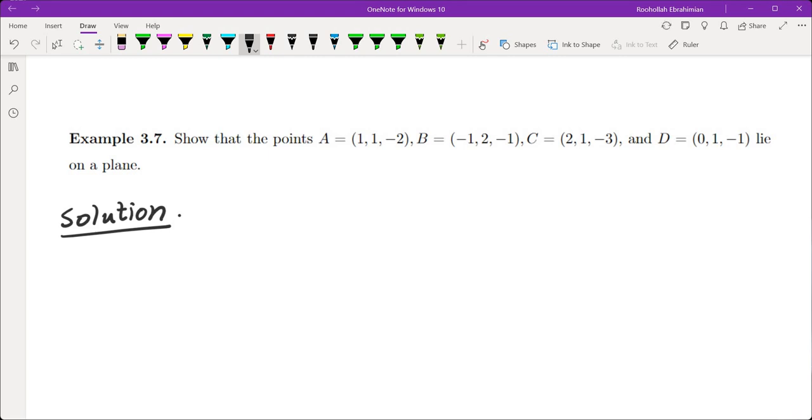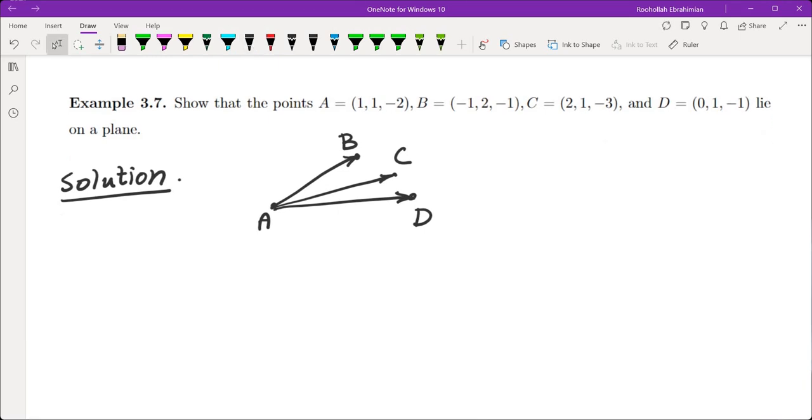Show that these four points A, B, C, and D lie on a plane. So what does it mean for these four points to lie on a plane? It means if you create a parallelepiped based on these three vectors AB, AC, and AD, you would have to get a flat surface, because if they lie on a plane, there wouldn't be any height, which means the volume would be 0.